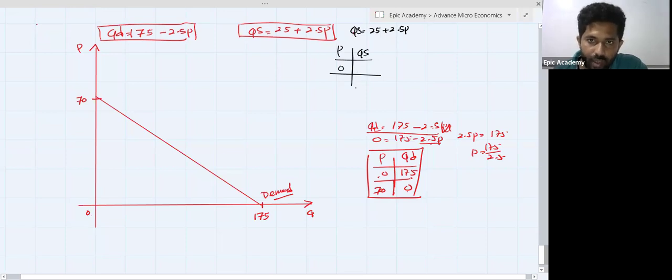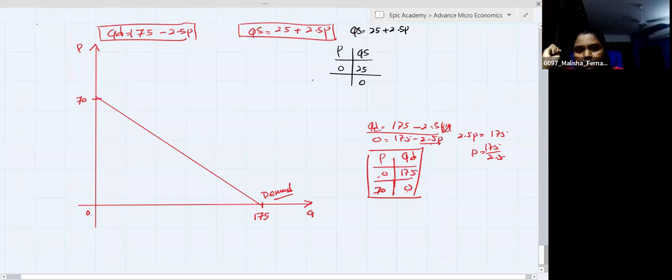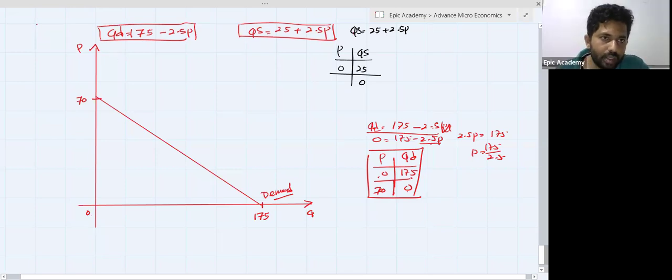And next, assume QS equals 0 and find the value for P. So consider P equal to 0: 0 multiplied by 2.5 equals 0, so QS becomes 25. That means when P equals 0, the quantity supplied equals 25, here.